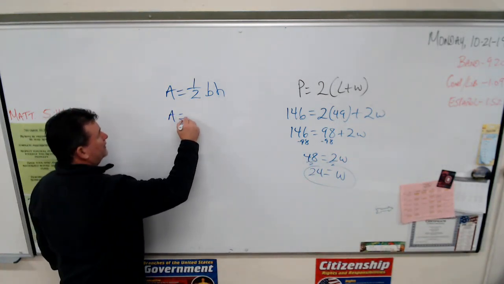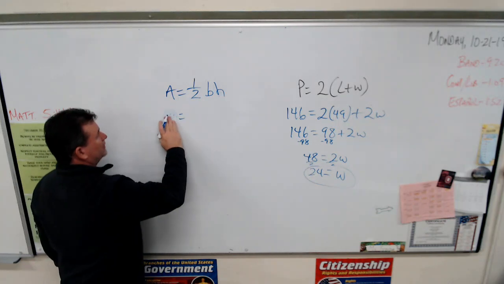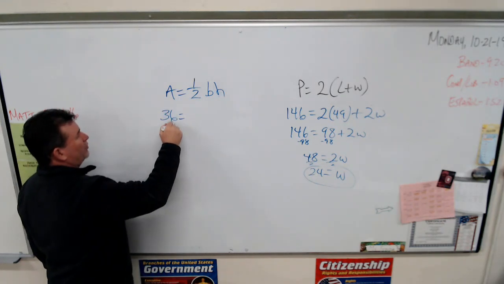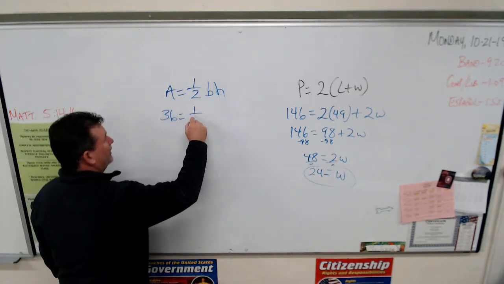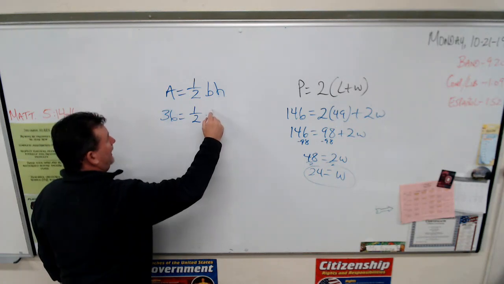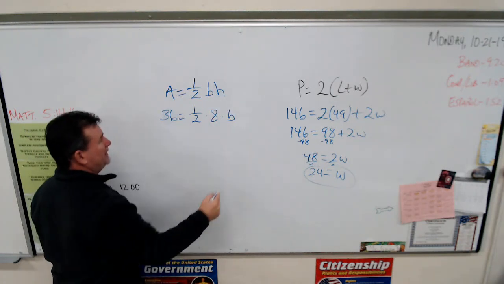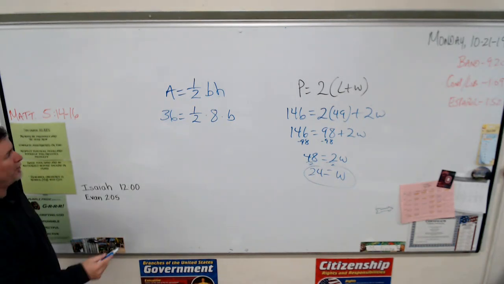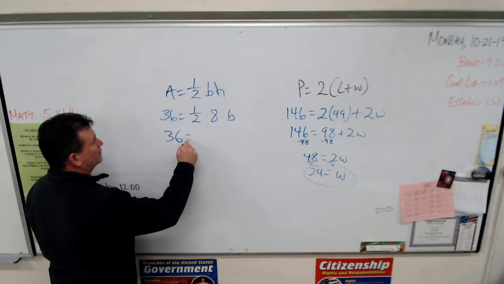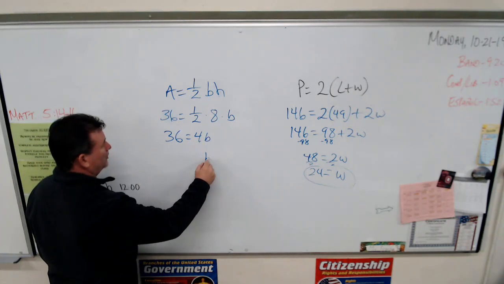So area equals, 36 equals, what was the height? 8. 1/2 times 8 times B. Is it okay if I change the order? Yes. It's multiplication. It doesn't matter which order you do it.